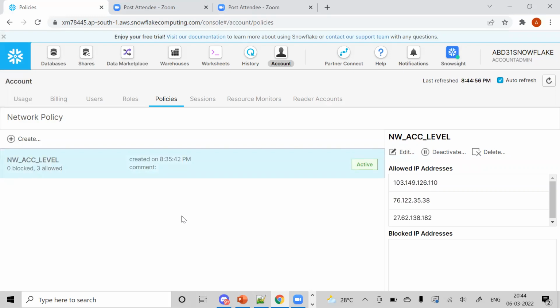Yes, now allowing them. Great, great. So that's why it's allowing, because your IP address is in the allowed list here.